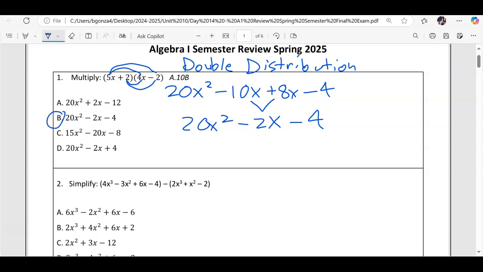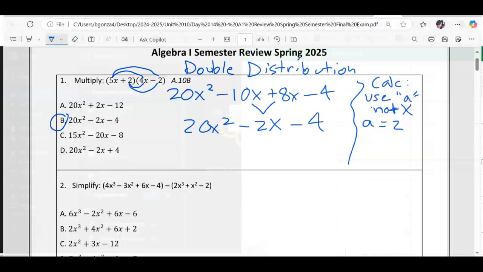Okay, now on the calculator, what you could do is use the letter A instead of X, and then set A equal to 2 and solve it from there.